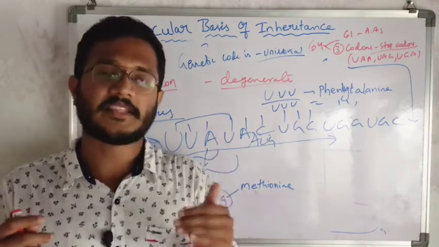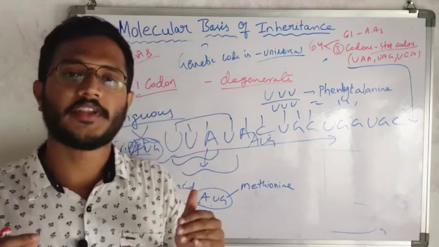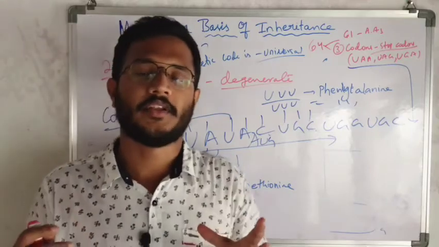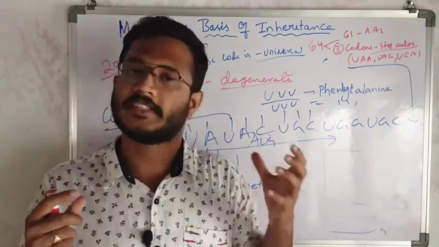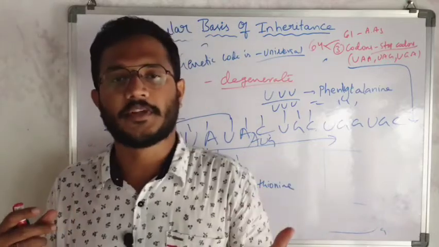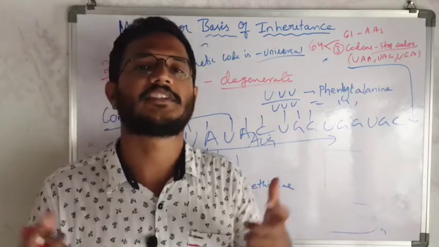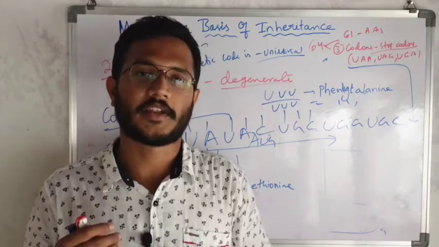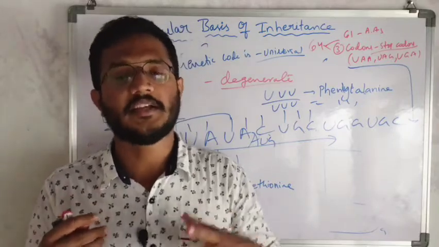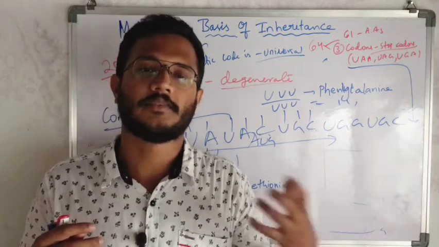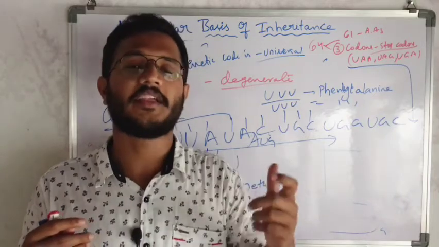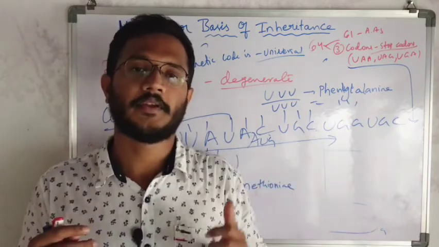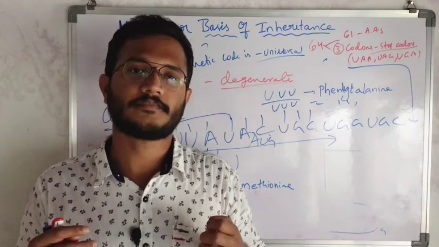Now by this video we know what protein biochemistry is, how proteins are made up of amino acids, how the amino acids are made up, how two amino acids are linked with each other, and how different types of proteins are there. That depends upon the structure of the amino acid bonding, that is, how many amino acids are present in the peptide chain.